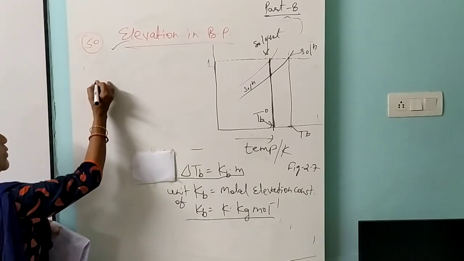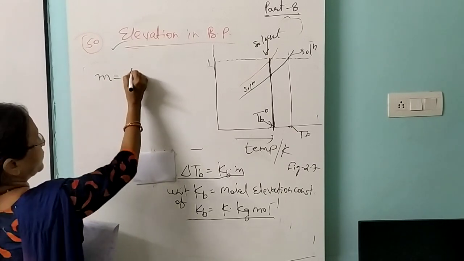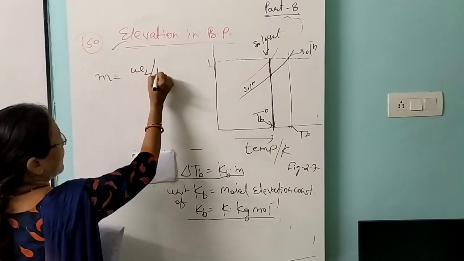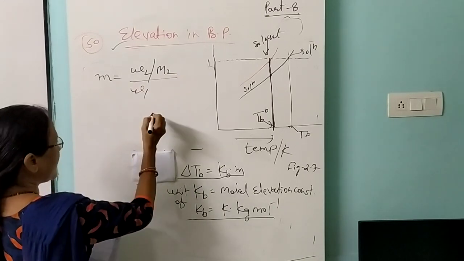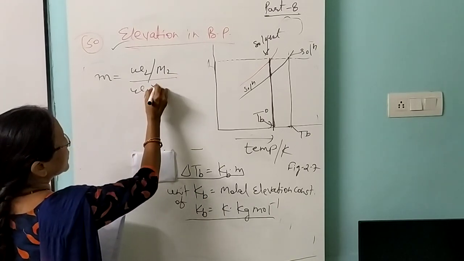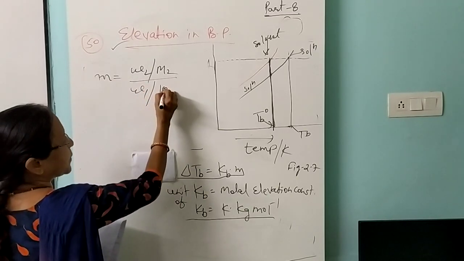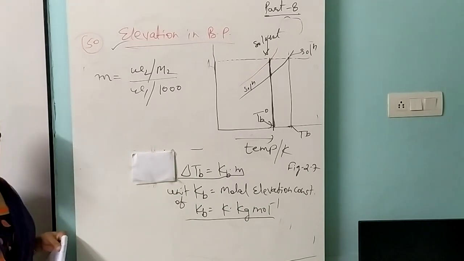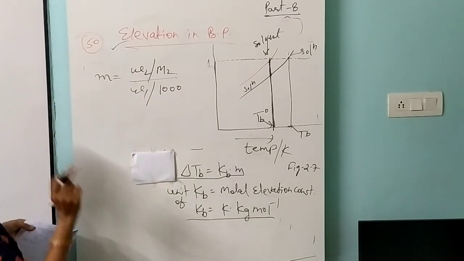How can we calculate this molality? m is equal to W2 upon M2 upon W1, multiplied by 1000, that is, per 1000 grams.